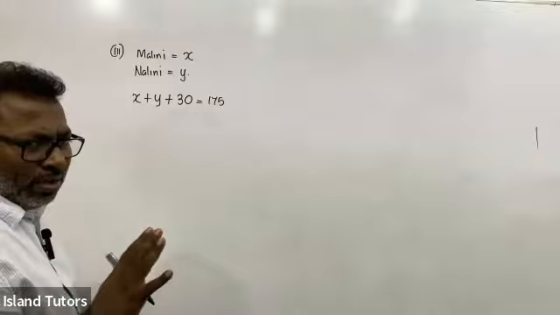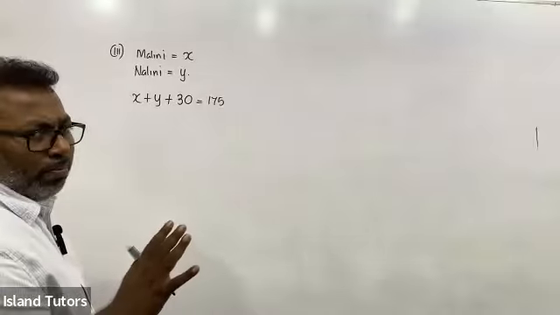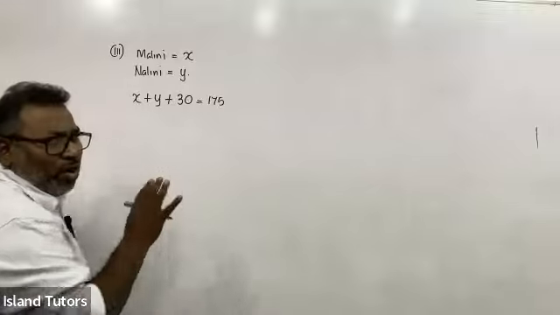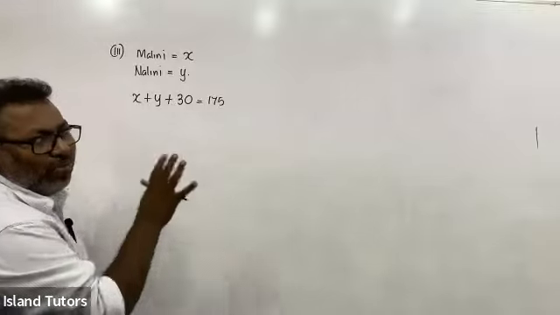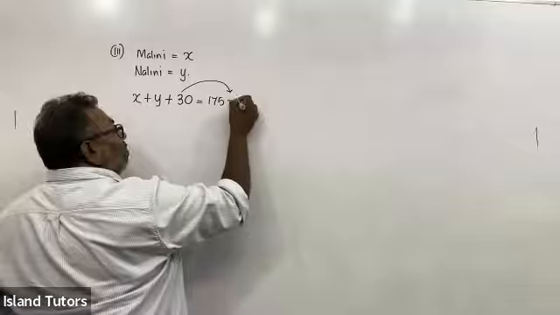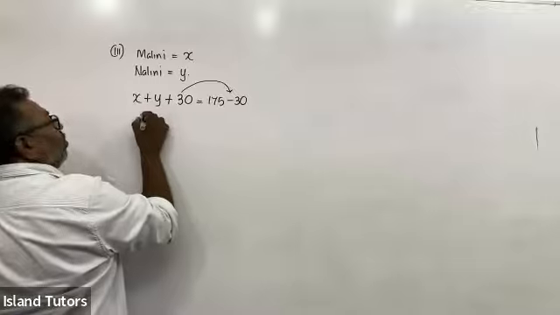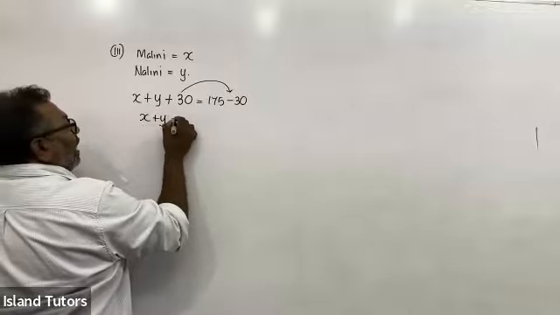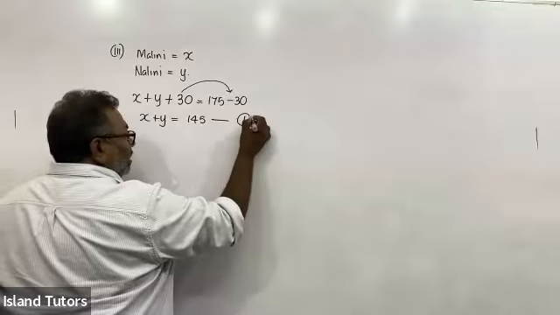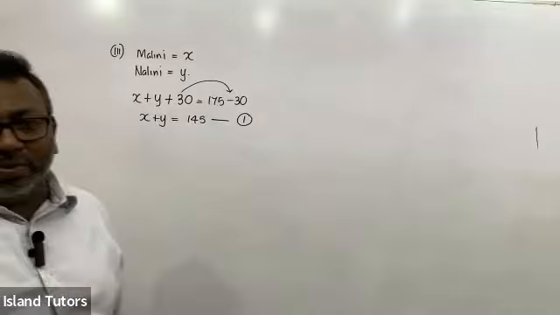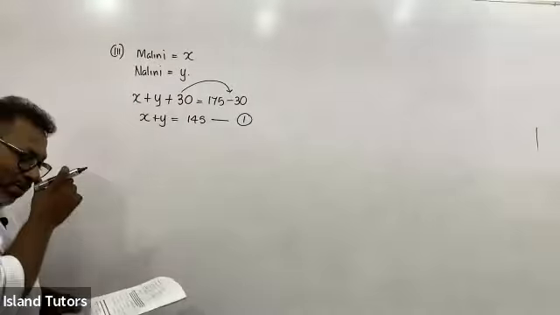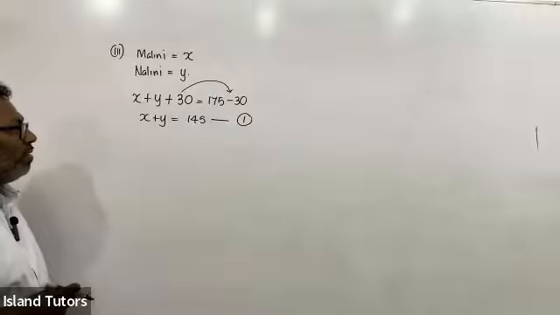But before we write the equation, you bring it to a form where x and y are on one side. So we will move the 30 to this side, minus 30. So x plus y is equal to 145. This becomes your first equation. Okay? X plus y becomes your first equation.